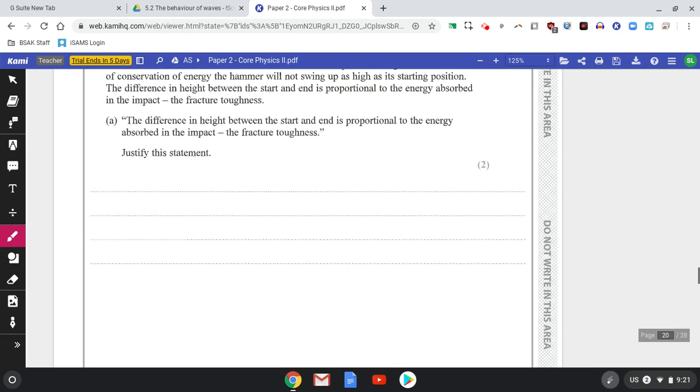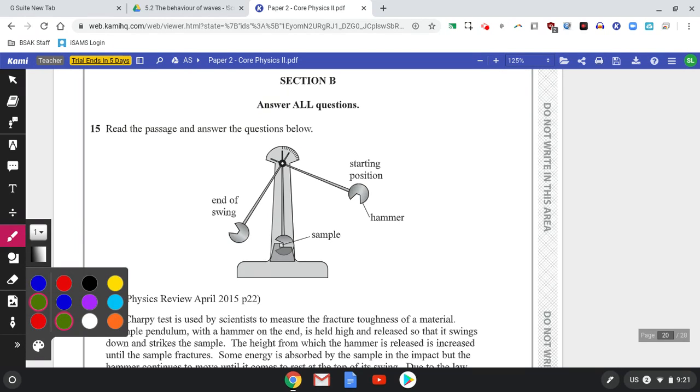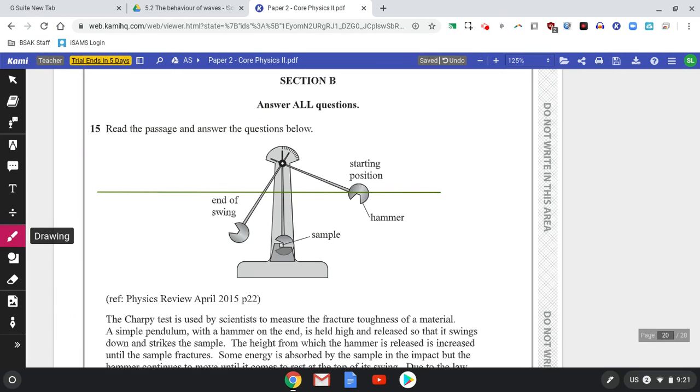Right, the question says: the difference in height between the start and end is proportional to the energy absorbed in the impact. Justify this statement. Let's have a little look. So it starts from here, and it's going to end up here. Those 2 lines are hopefully going to go through the center of mass of the hammer.